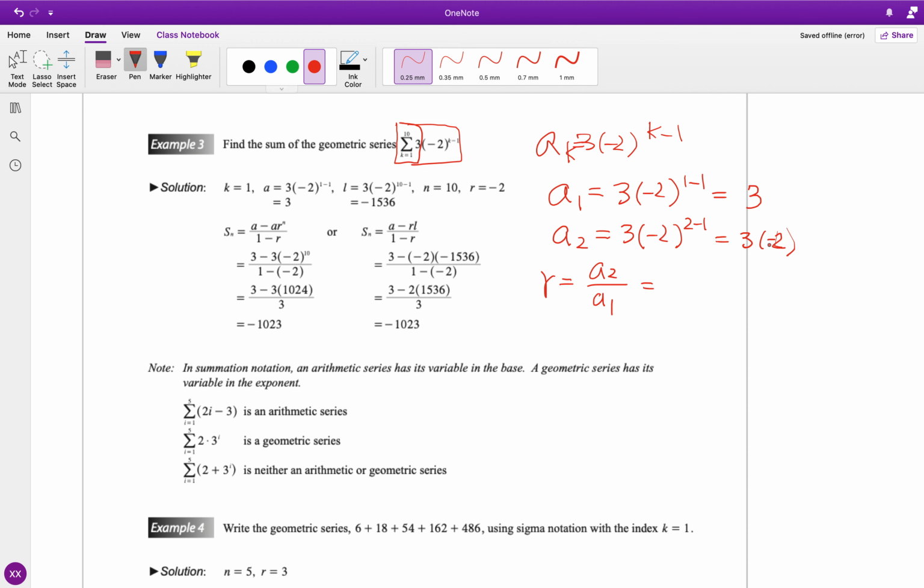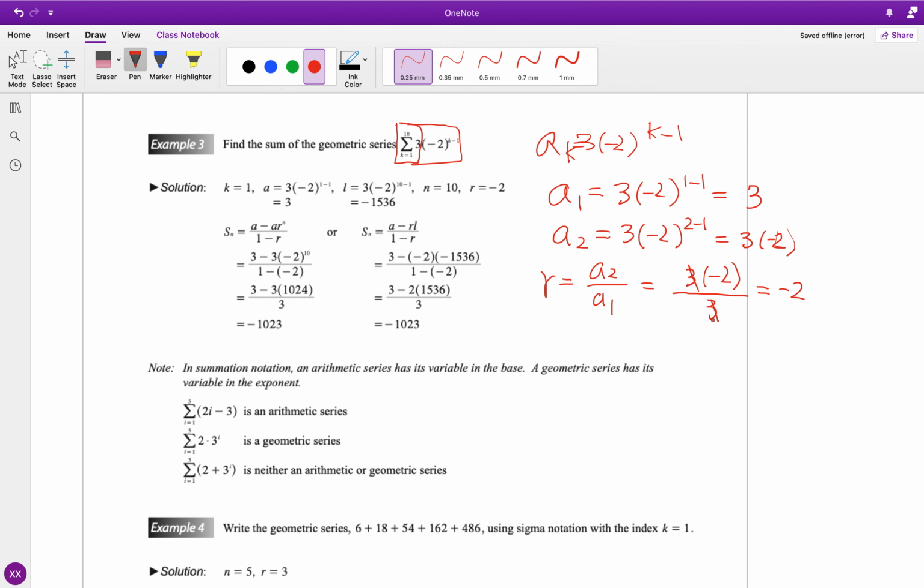Then it's very easy to see this is just negative 2, because it is 3 times negative 2. Therefore, I don't even multiply it out, because I know that divided by 3, this would just cancel. There's no point multiplying that out to become negative 6. It's absolutely unnecessary work. So then that is just negative 2. So my r is negative 2.